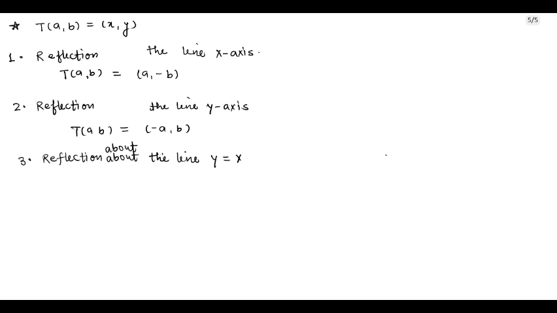Okay. 0 1 1 0. Everyone's getting the same matrix. And what is the image of (a,b)? (b,a), right? Change the position.